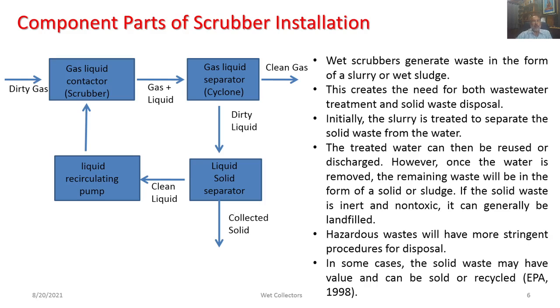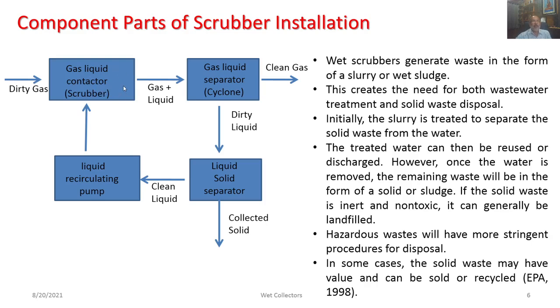So for a scrubber to act properly, we have to consider these 4 steps majorly. The first step is the scrubber, which allows the entry of dirty gas. As such, there is a gas liquid contactor phase.